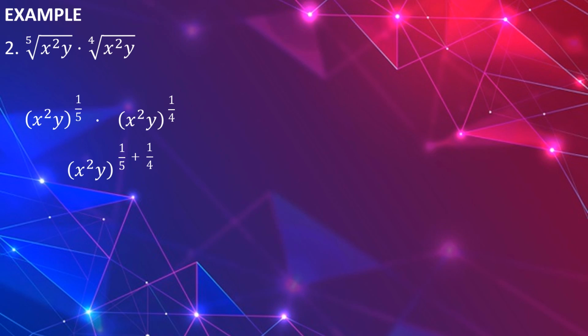We will now write it as the product of x squared and y raised to the quotient of the sum of 4 and 5 over 20. So that will now become the product of x squared and y raised to 9/20.